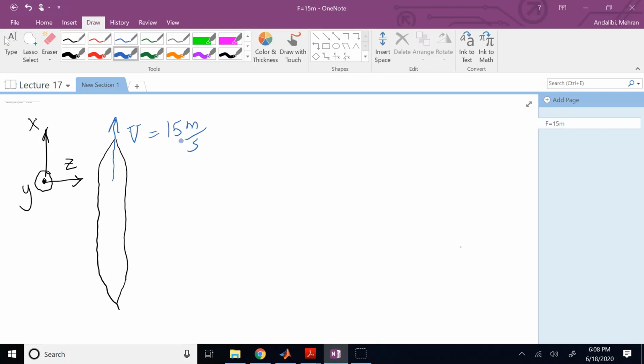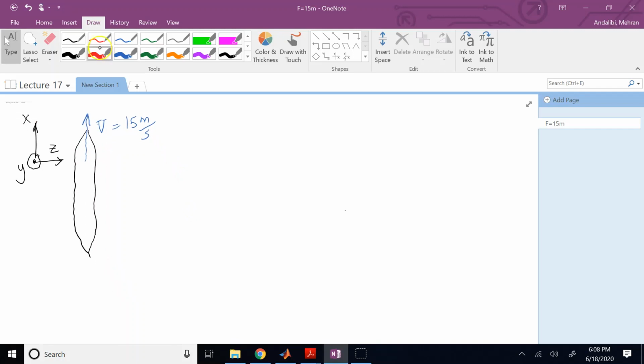And then this guy is also turning. So it is turning toward west, as it says. So it is turning this way also at the same time with some constant omega of 5 degrees per second. So this is constant, and this v is also constant.